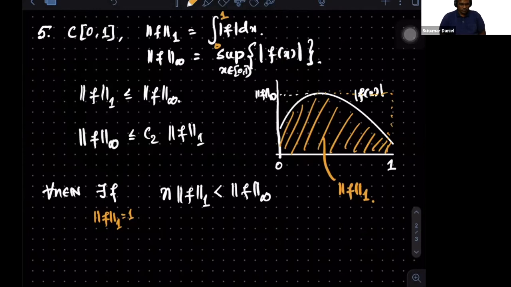So the area under the curve I want to be 1, but the supremum is as big as I want. Suppose I want my supremum to be n, can you think of a continuous function whose integration is that? Easy thing. Among the graphs which are easy, you can actually think.